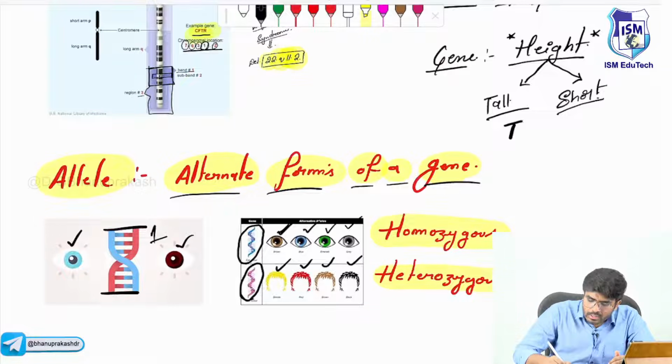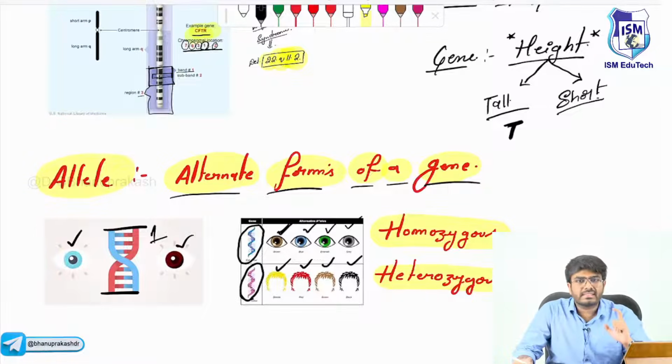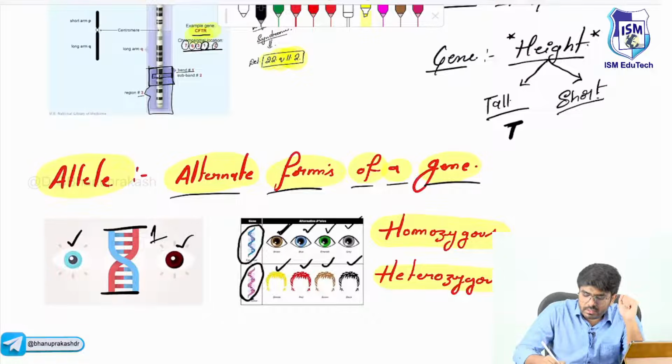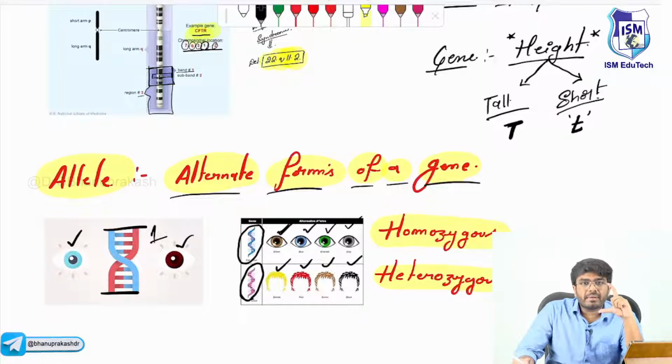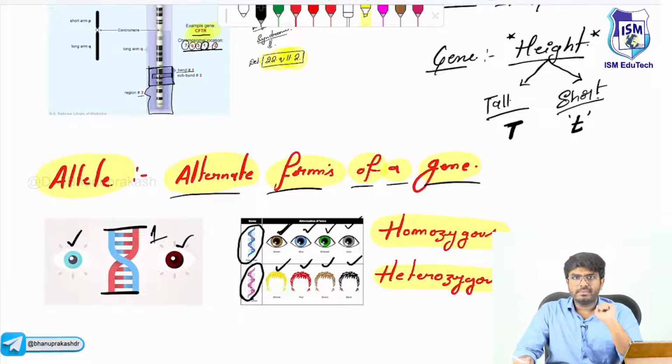So for tall, I'm representing it as capital T. Capital T is the allele for tallness. For shortness, let's take it as small t. So capital T is the gene for tallness, and small t is the gene for shortness.